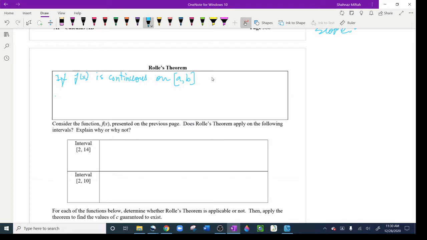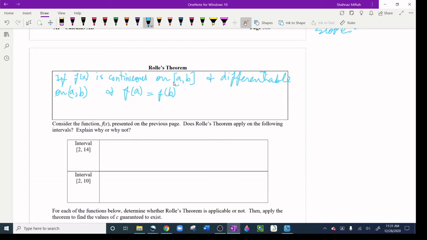When I plug in these interval endpoints in the original equation, it's supposed to give the same y values. Then there must exist at least one value x equals c on AB such that f prime c equals 0.